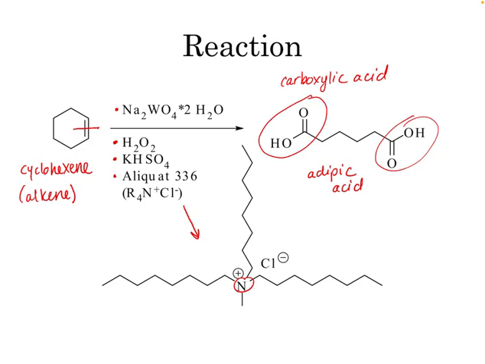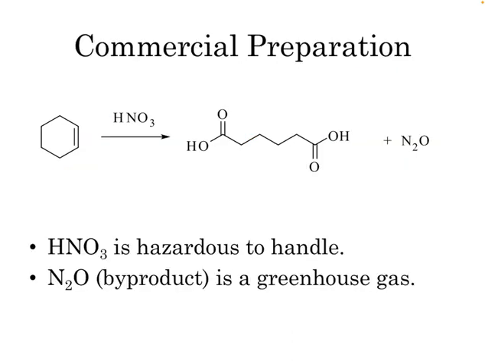Now, this is a very green way to perform the reaction compared to previous methods or even current methods that are used. So let's look at the other methods that can be used to get the same product. Commercial preparation of adipic acid involves nitric acid, HNO3, but that is very hazardous to handle. Also, we end up producing dinitrogen monoxide as a byproduct, and that is a greenhouse gas. So if we can prevent the production of that gas, that would be better.